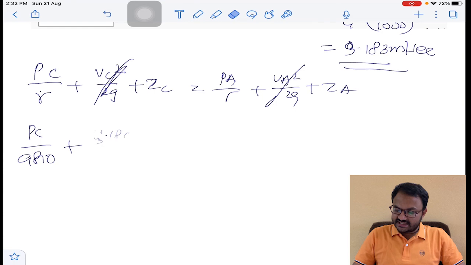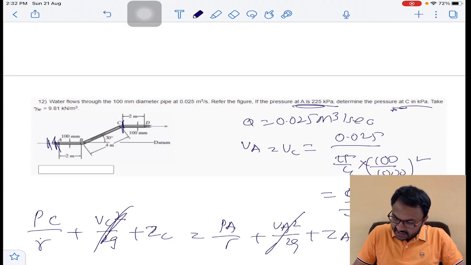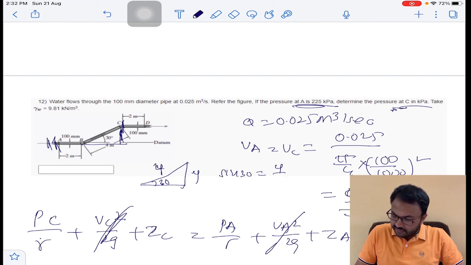Right? And for ZC, we need to calculate this vertical height. You can see this triangle. This is Y, and he has given 30 degrees and 4. So sin 30 is equal to Y divided by 4. Y is equal to 4 sin 30, you will get 2. So the vertical height is 2 meters.